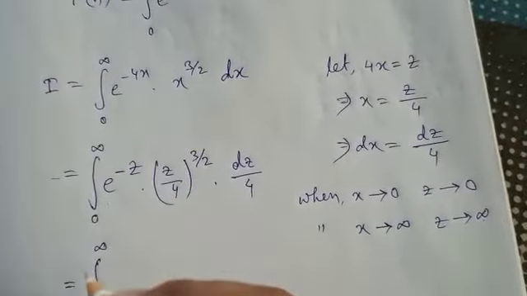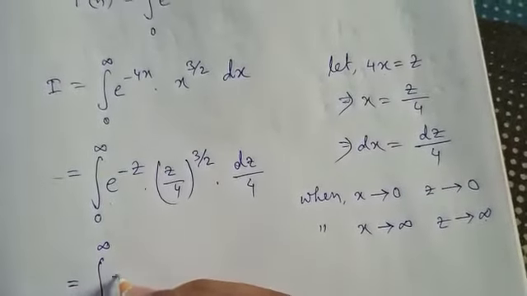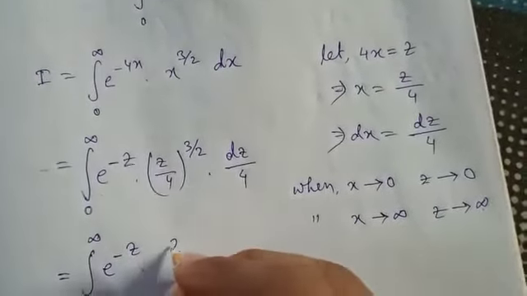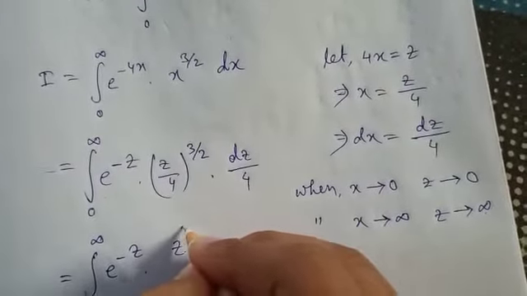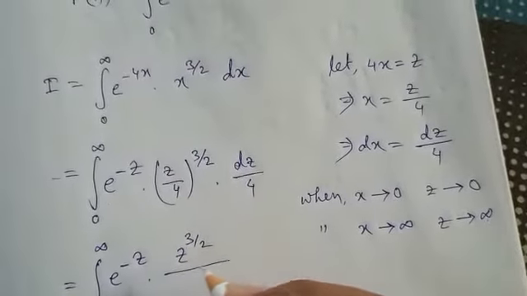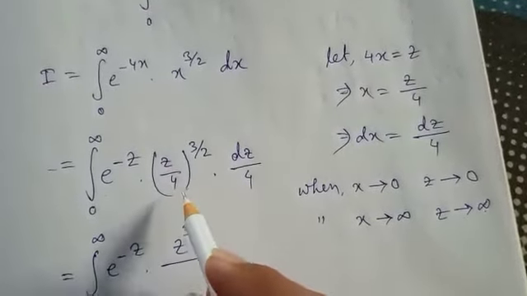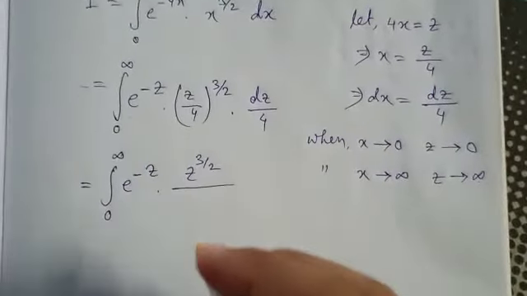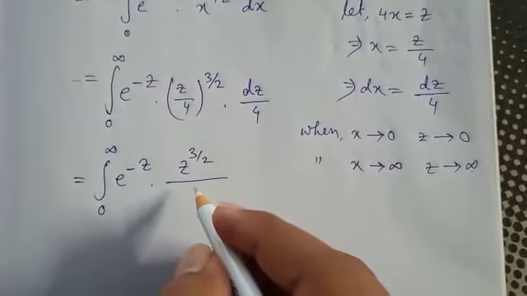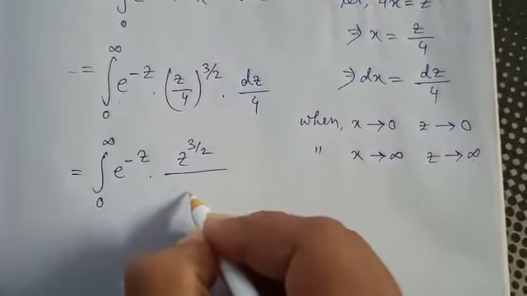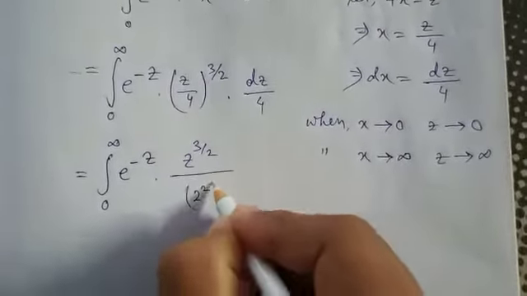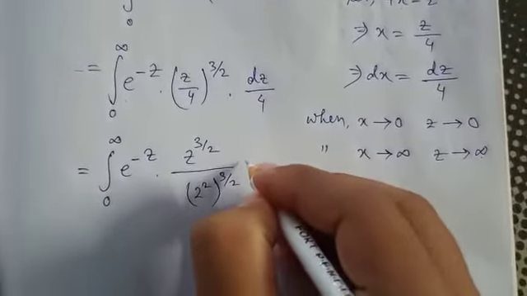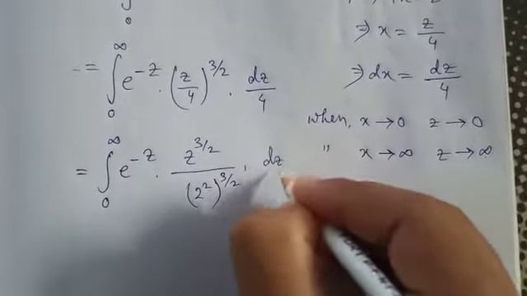Integration from 0 to infinity of e to the power minus z into z to the power 3 by 2 over 4, where 4 is equal to 2 square, so 2 square whole to the power 3 by 2, into dz by 4.